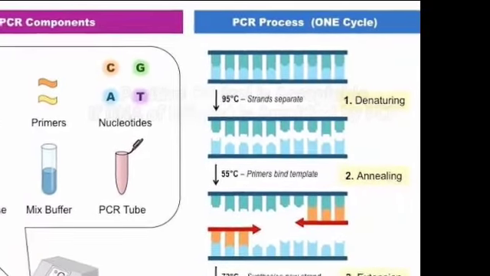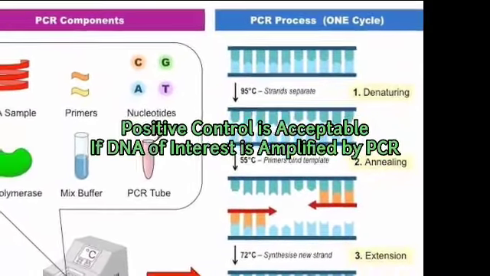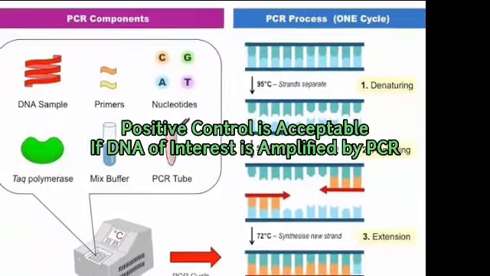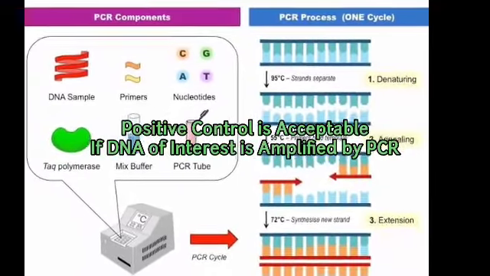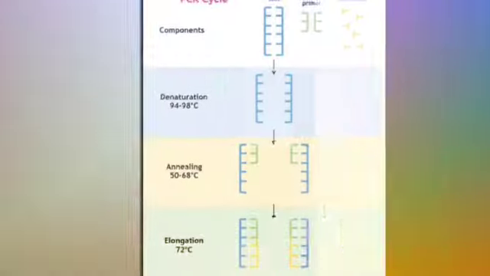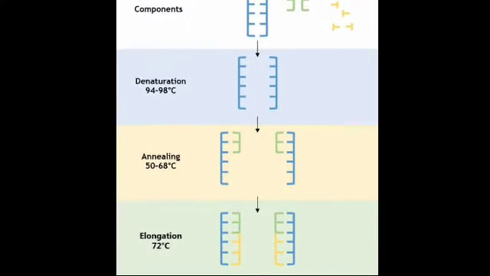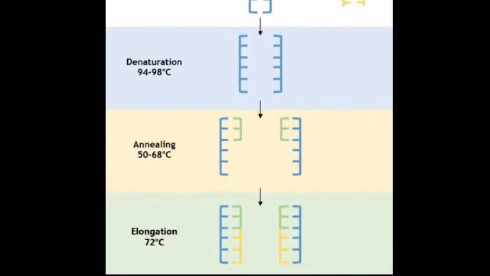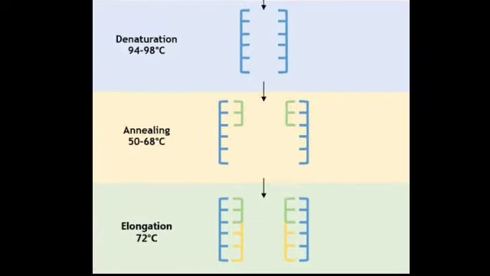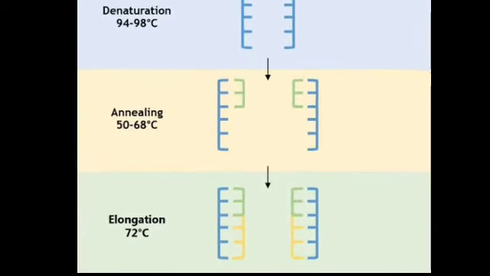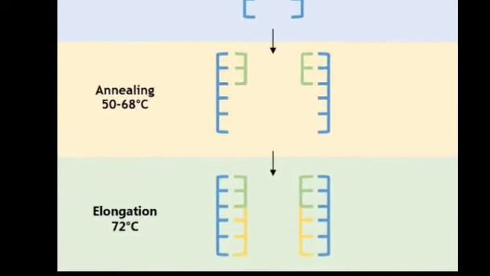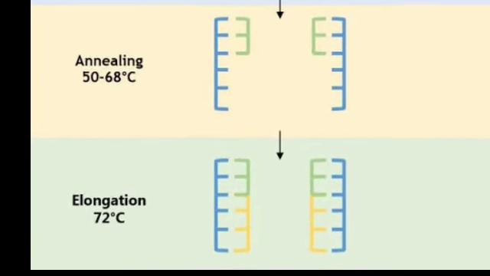A positive control is considered to be acceptable if the DNA of interest was amplified by PCR as defined by the same confirmation technique used for the analytical samples. Here we will discuss positive control samples that should be included for PCR analysis.